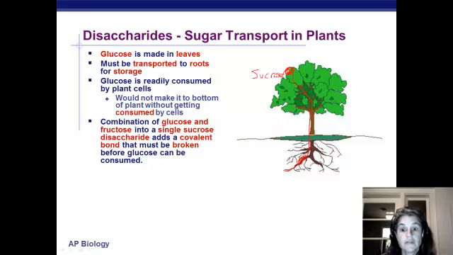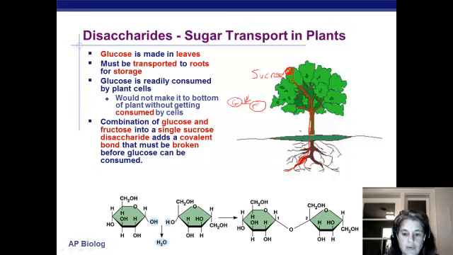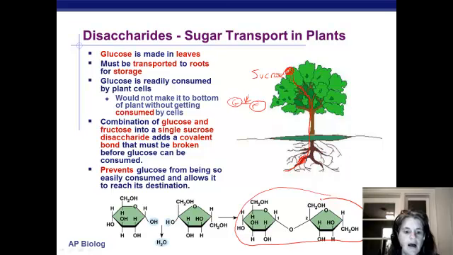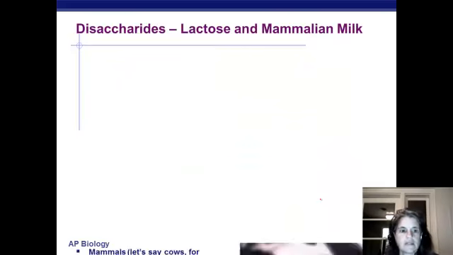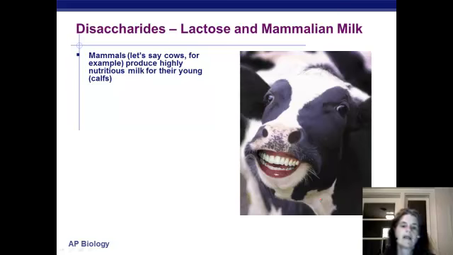And sucrose is able to make its way down the plant very effectively and into storage in the root without being broken down so readily because of that bond between those two monomers, the glucose and the fructose. It's a little harder for the tree to break that bond, and so it survives its journey on down to being stored. That's just showing you once again the sucrose, table sugar. So it prevents glucose from being so easily consumed as it moves its way down the plant.